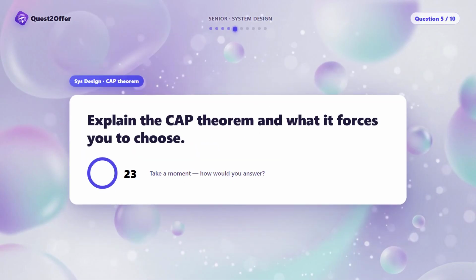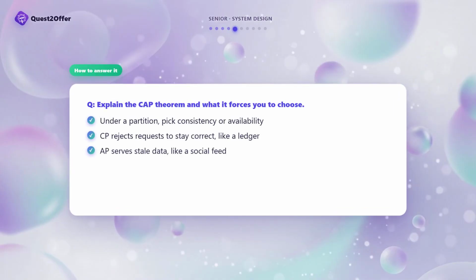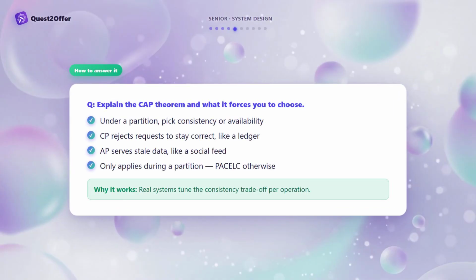Explain the CAP theorem and what it forces you to choose. CAP says that under a network partition, you can't have both perfect consistency and full availability.